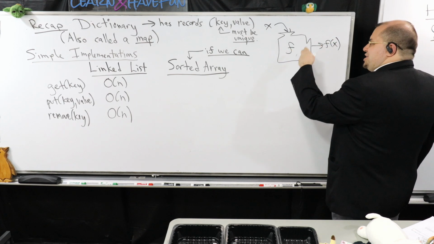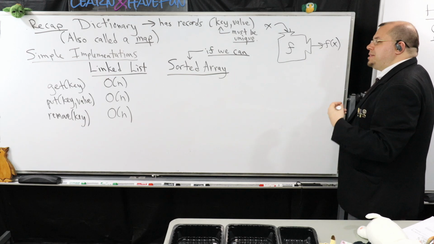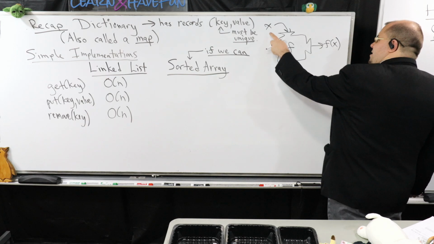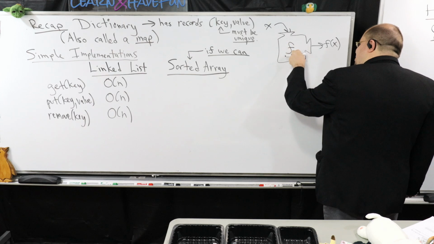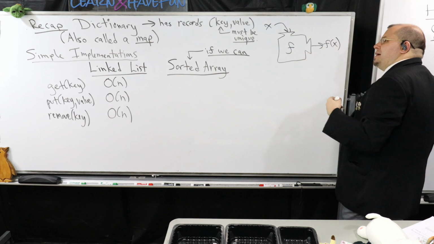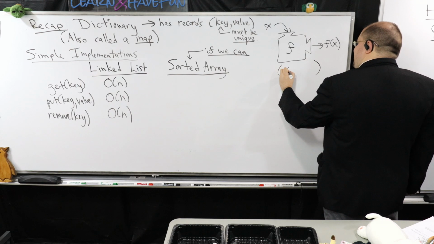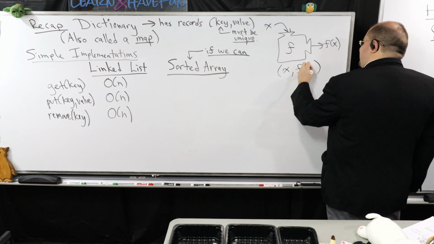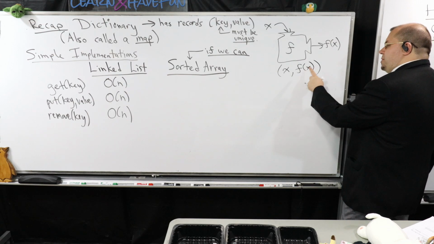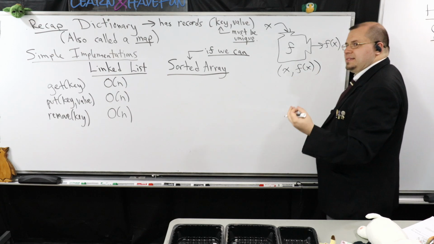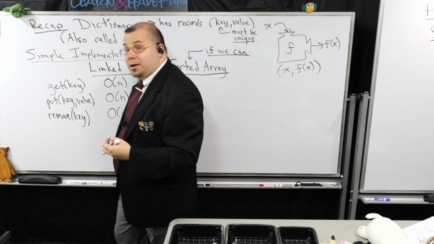You think of it like a machine. But another way you could think of this is that this is the input, and the function will tell me what the output is. So each of these you could think of as a pair, the input and the output. Whatever would be the output of the function is the second element in the pair.